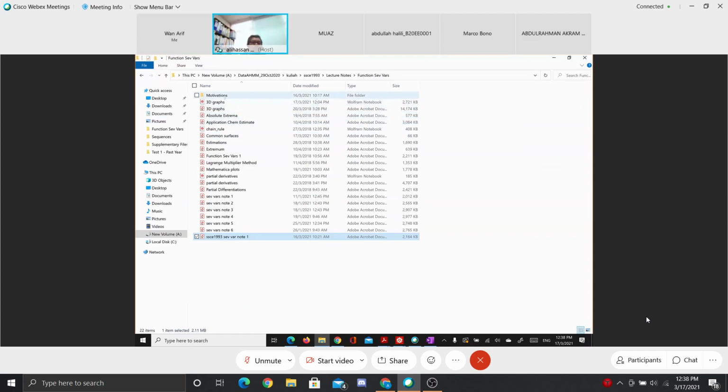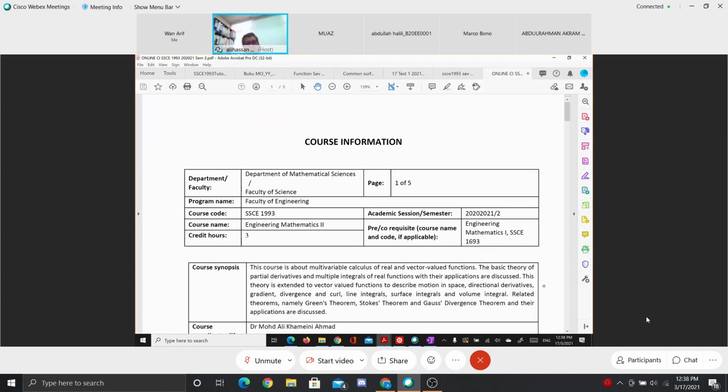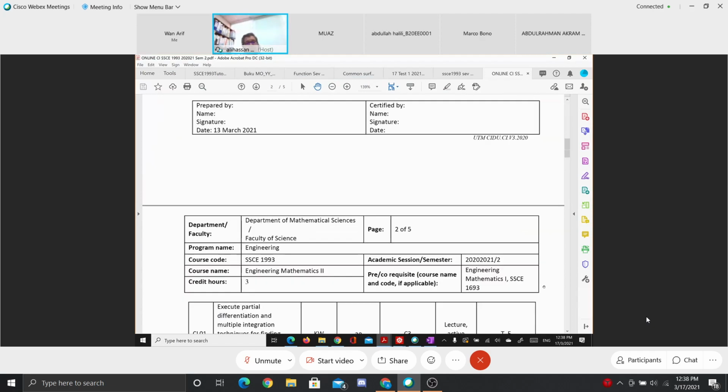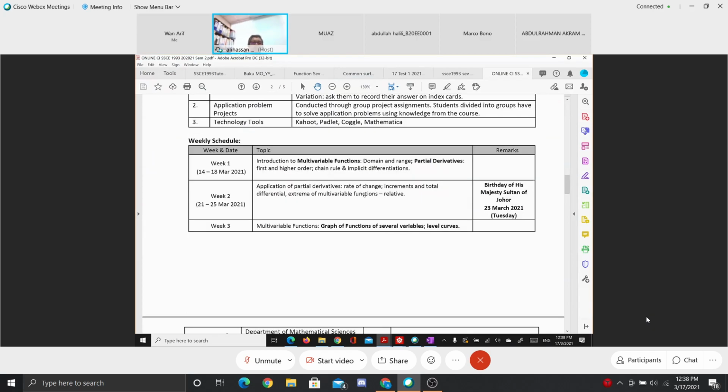Let's see. What have we discussed already? I did not follow the weekly plan here. For example, according to this plan, after we have discussed domain and range, I should discuss partial derivatives.